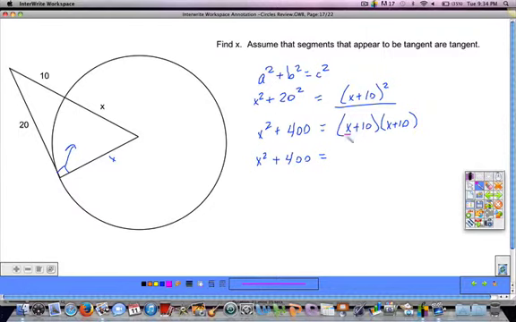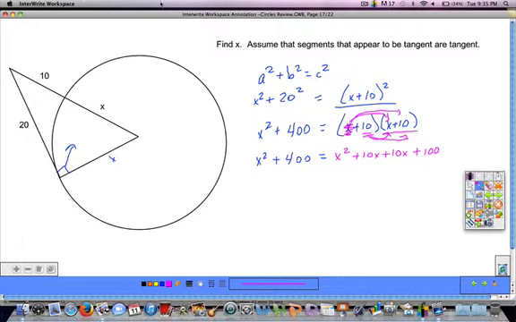So I'm going to take x and multiply it times both of these. X times x is x squared. X times 10 is 10x, right? Positive 10x. All right, I've used that. Now I need to do the same thing with 10. I need to multiply it by both of them. 10 times x is again 10x, and 10 times 10 is 100.